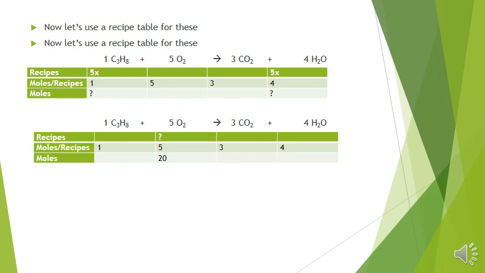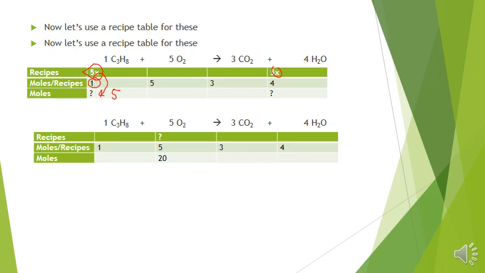All right, now I'm going to do the 2 previous problems using a recipe table. I want to do the recipe 5 times, and I want to know how many moles of propane and how many moles of water I'm going to need. Every recipe I need 1 propane, and I do that 5 times, so I'll end up with 5 moles of propane.